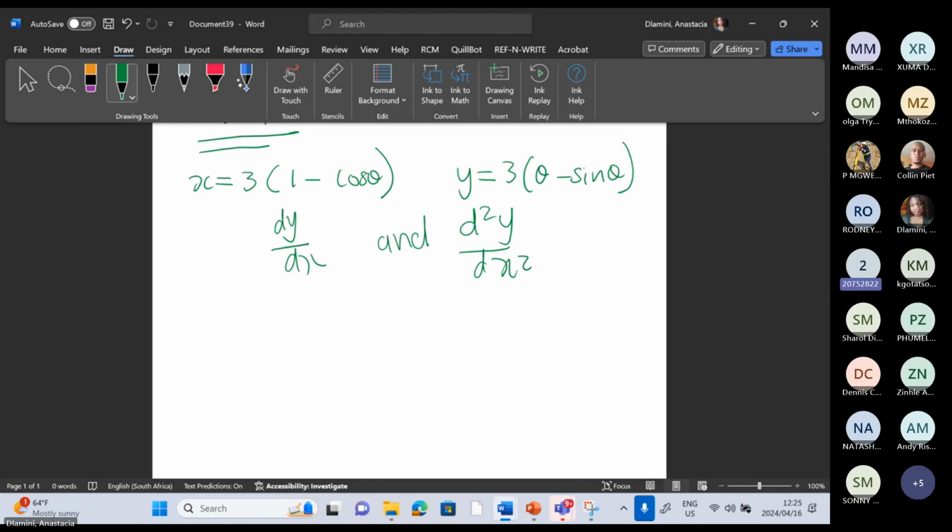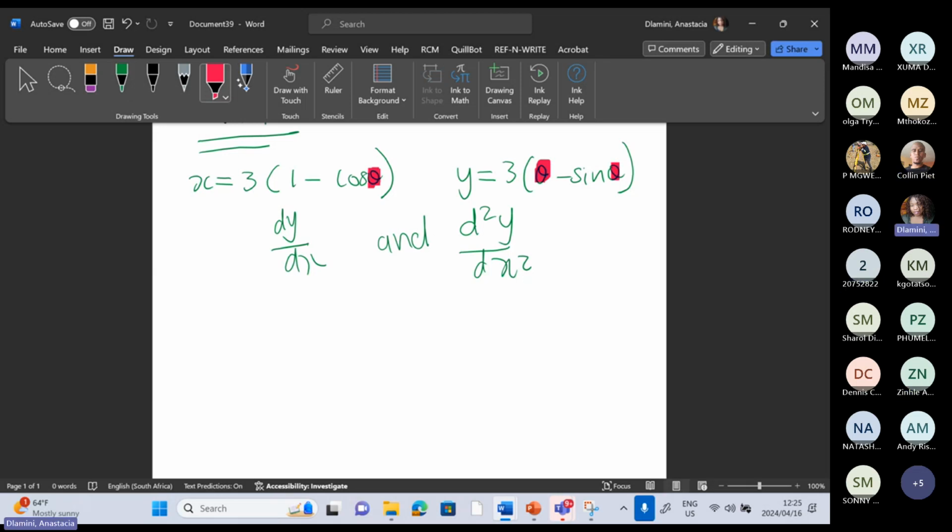Because we have 2 functions, x and y, with a third parameter, which is theta. Yes, it's called theta.